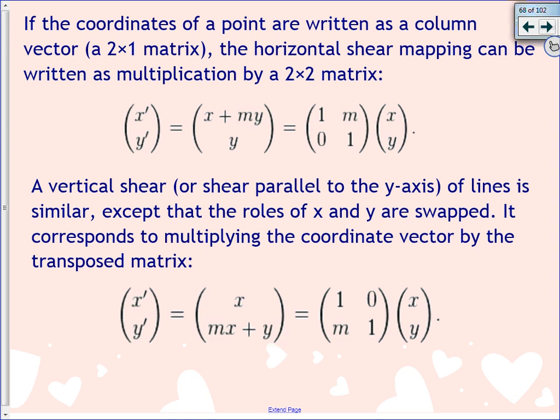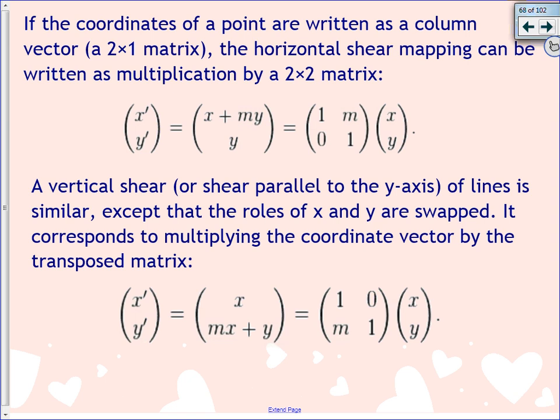So accomplishing shearing, and we're going to focus on 2 dimensions at this point, can be done by multiplying by a matrix. And we're gonna be multiplying by a 2x2 matrix because we're not trying to take our vectors out of the 2D plane. We're just trying to transform it.